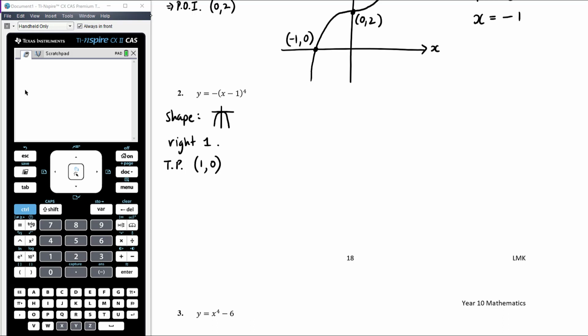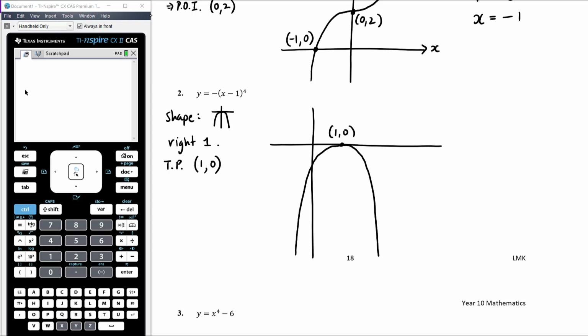So it's this shape to the right by 1, so that turning point is going to be at (1, 0), which is also obviously the x-intercept. We're then going to have this sort of quite steep and flat-bottomed shape. It's not the best quartic I've drawn, but we'll go with that.